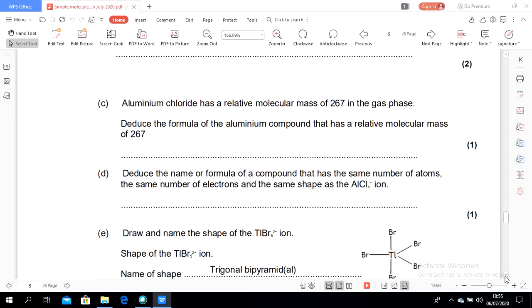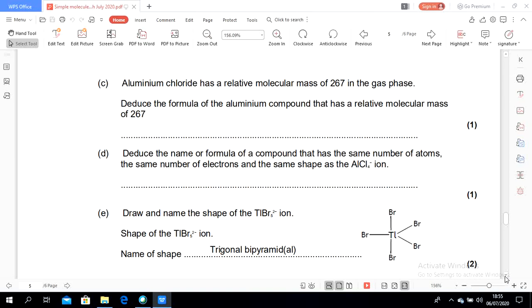Okay, aluminium chloride has a relative molecular mass of 267 in the gaseous state. Deduce the formula of the aluminium compound that has a relative molecular mass of 267. We have to do a simple calculation.